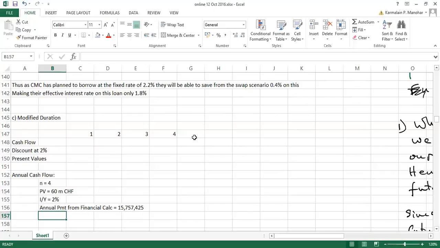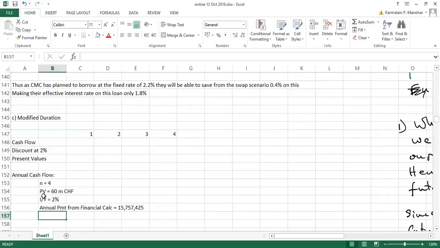Kinesia, how's the financial calculator working for you so far? Nope. Okay. Let's see. Make sure and clear it off first. Second function, clear TVM. Then press the 4. Then press N. Then press 60. You could probably put in all the zeros, 60 million.